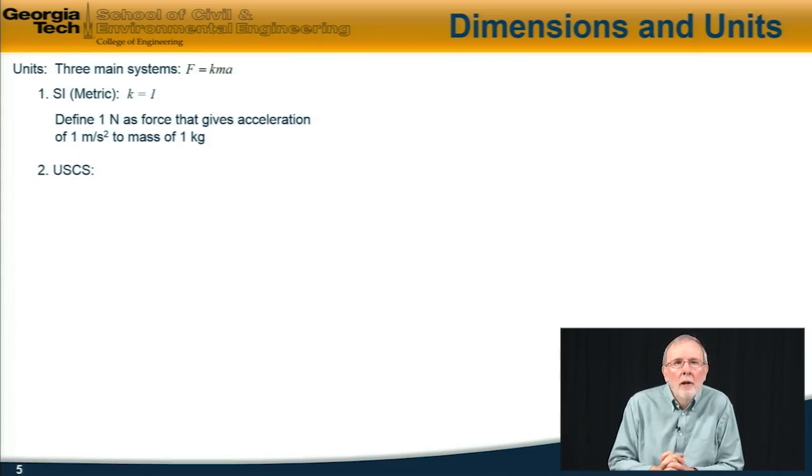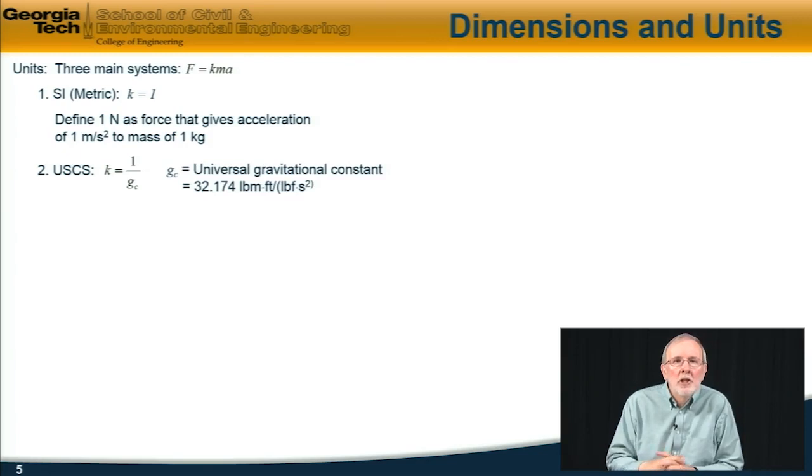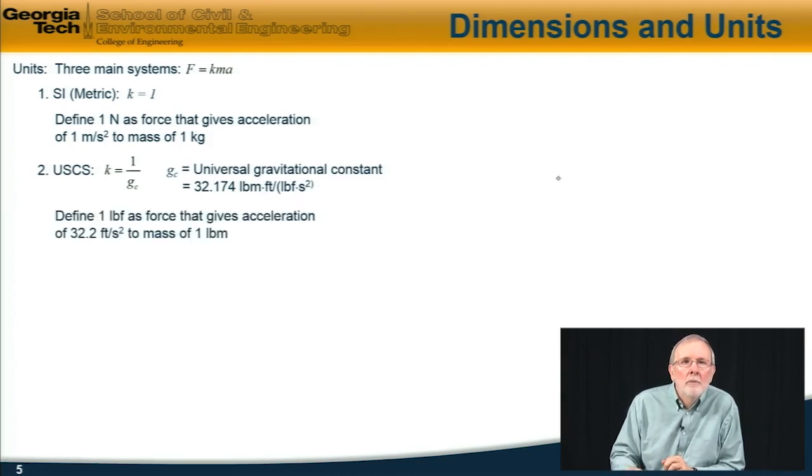The second one, the US customary system, which is the one which is used in the FE exam, we set k equal to 1 over gc, where gc is the universal gravitational constant, which has the magnitude and units as shown there. So in this system, we define the unit of force as the pound force, as that force which gives an acceleration of 32.2 feet per second squared to a mass of 1 pound mass.